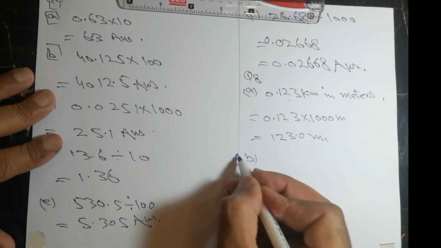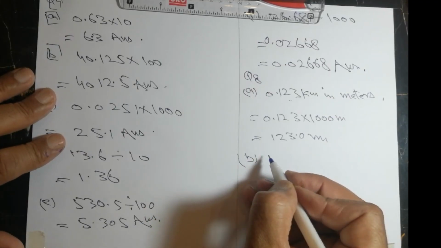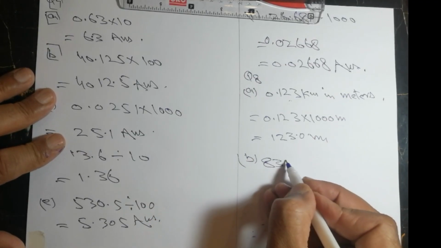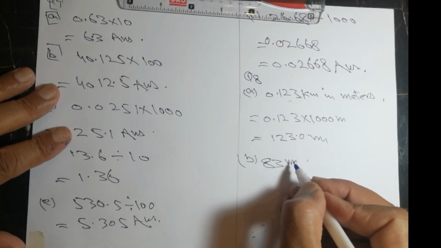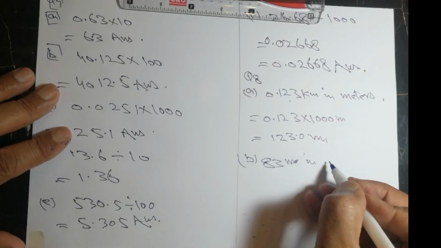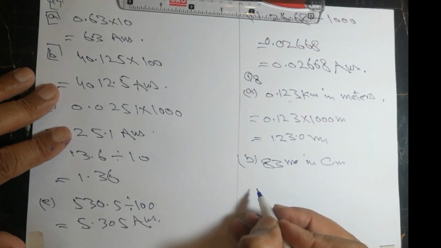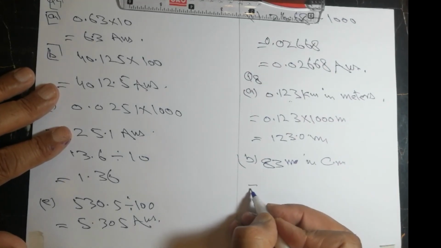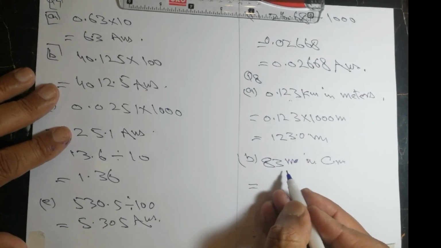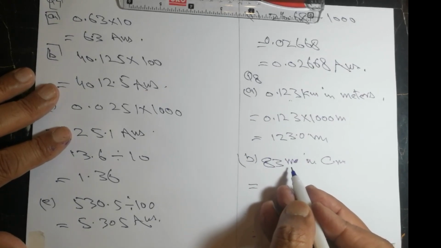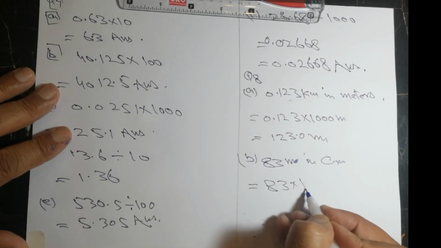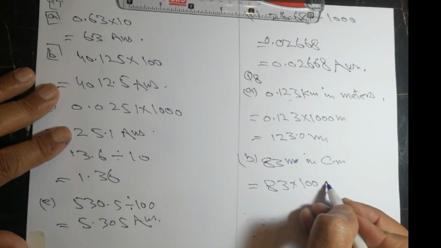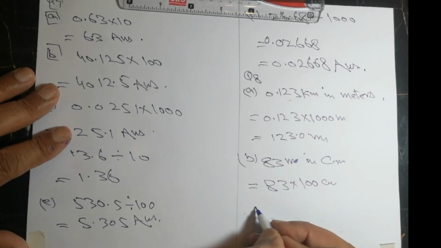Part B is 83 meters in centimeters. So what is the relationship? 83 meters into centimeters. In 1 meter there are 100 centimeters. So 83 multiplied by 100. So it is changed into centimeters.